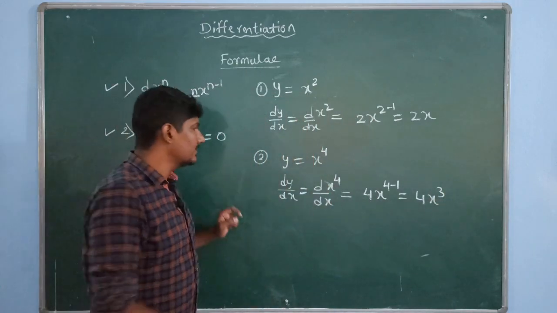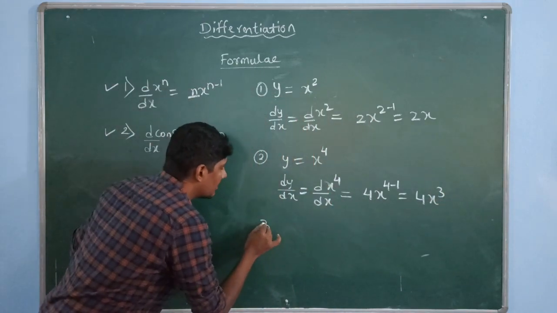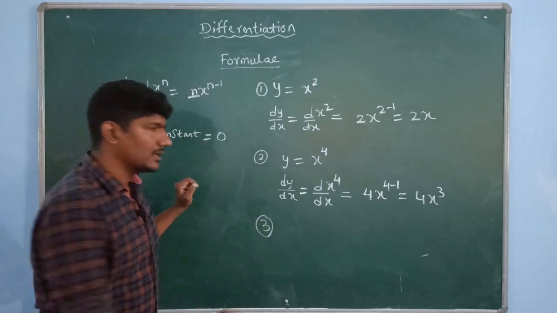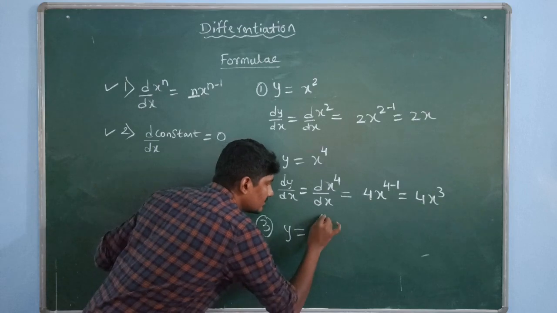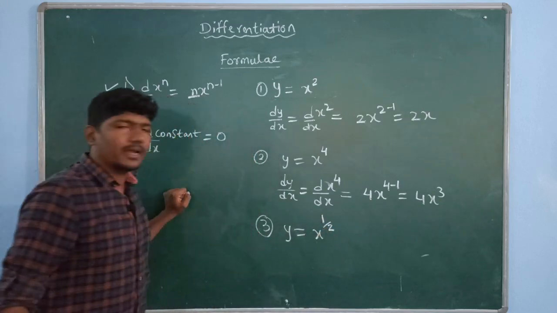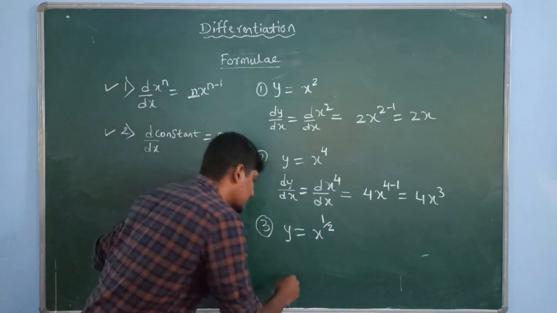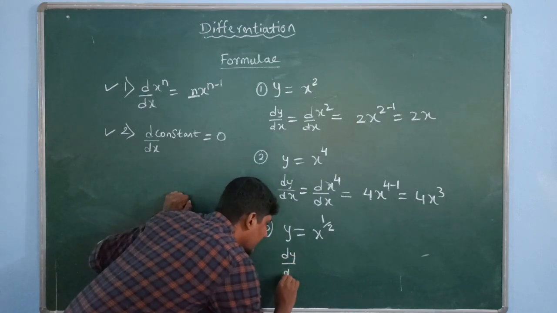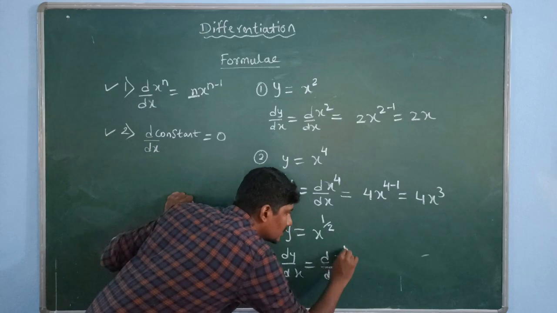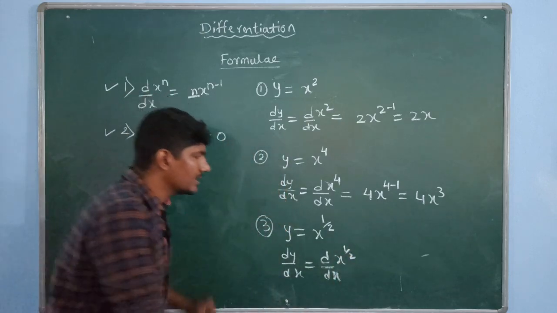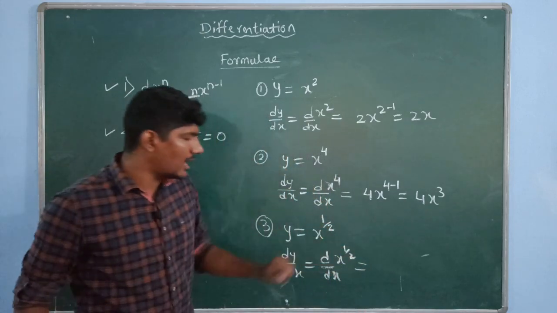See, very simple. Now we have one more example, that is y equals x raised to half, meaning 1 by 2. So let's differentiate this one. dy by dx equals d by dx of x raised to half. In place of n, here we have half.